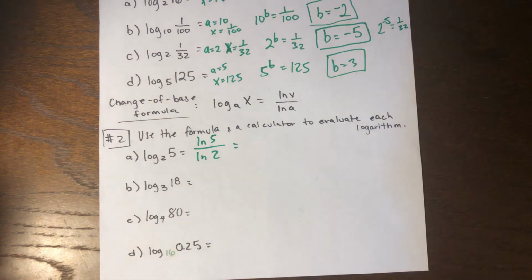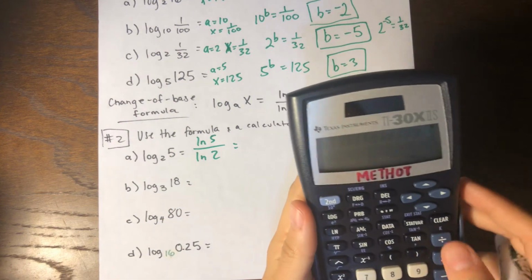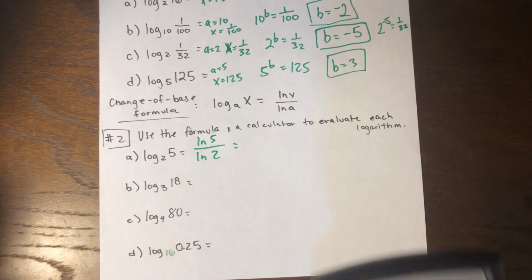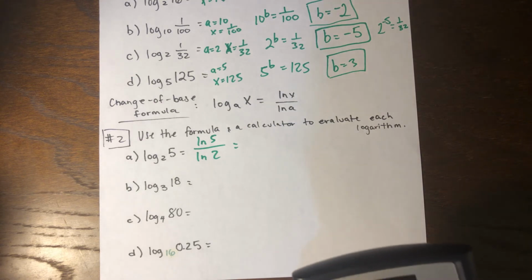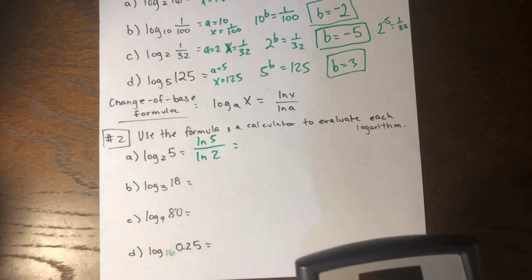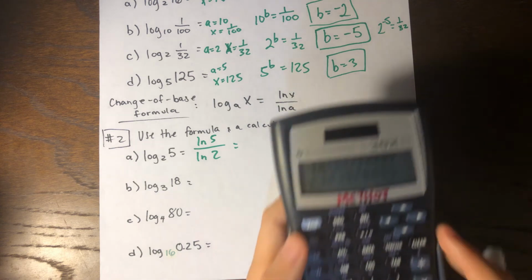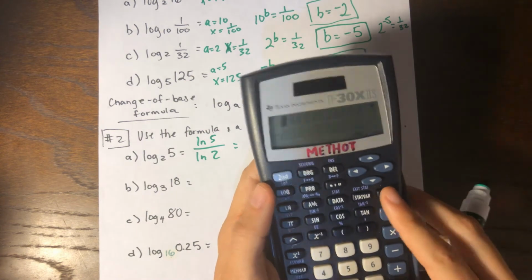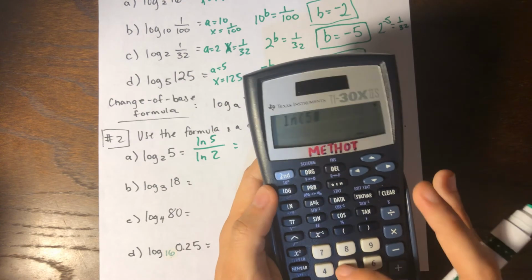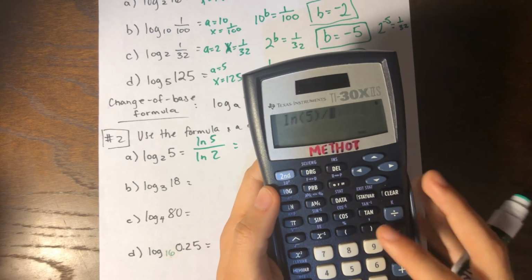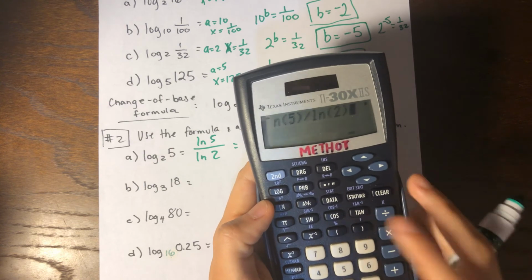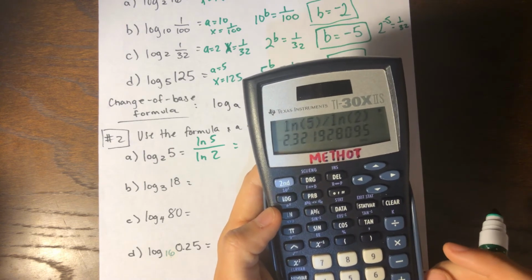And then you grab your calculator. You just type it right in. You hit ln, natural log of 5, close the parenthesis, divided by the natural log of 2, close the parenthesis, so I get 2.32.